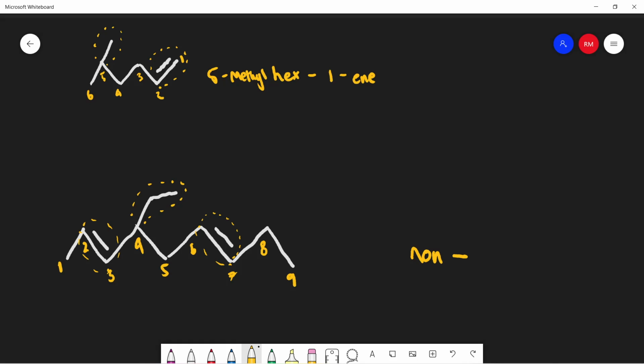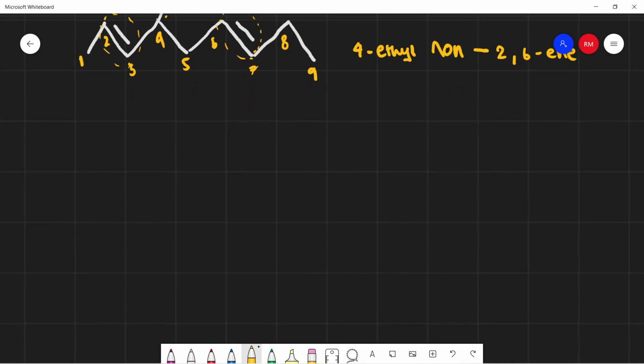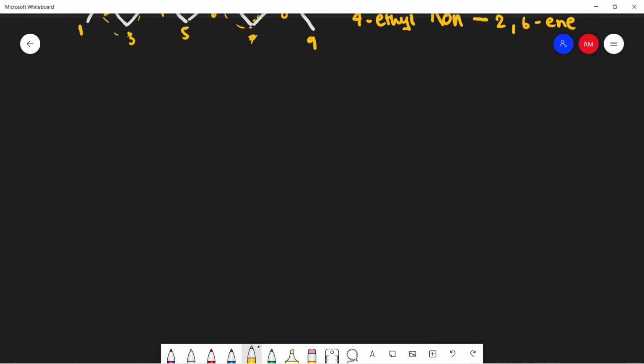So the first is on carbon 2, non-2, and the second is on carbon 6, 6-ene, and our ethyl group is on carbon 4, so we just go 4-ethylnon-2,6-ene. Perfect. So what about if I name something for you? What if I name oct-2-ene? I'm going to ask you to pause the video and try and draw these.